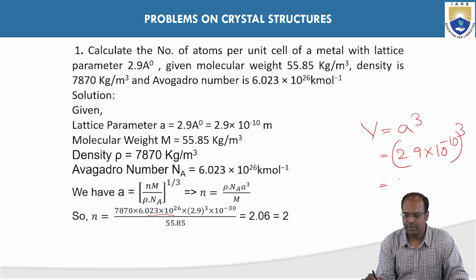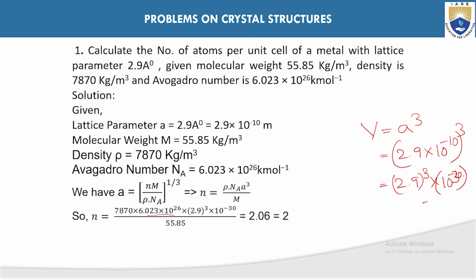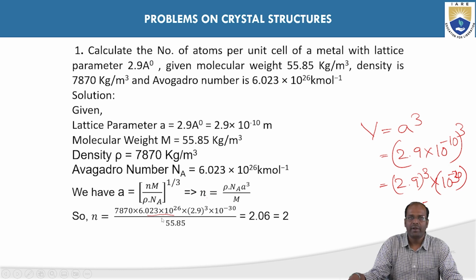So we can write this as 2.9 cubed into 10 to the power of minus 10 whole power of 3, which is 10 to the power of minus 30. Molecular weight is 55.85.